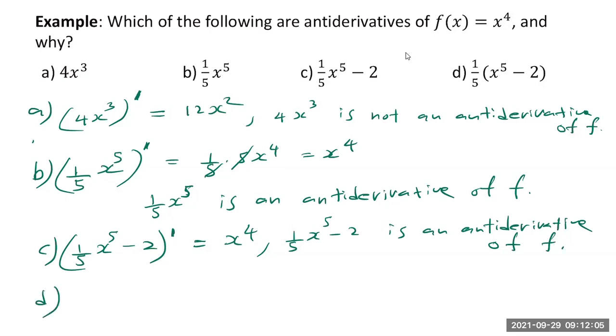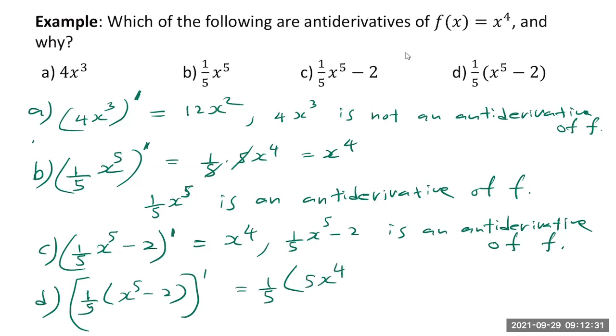Part D. Would this be an antiderivative of f of x? Let's check. Take the derivative of 1 over 5 times x to the power 5 minus 2. The 1 over 5 walks out. Take the derivative of the inside function, x to the power 5 minus 2. You get 5x to the power 4 minus 0, because the derivative of 2 is 0. This is exactly x to the power 4.